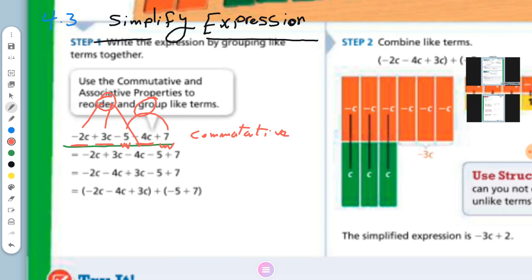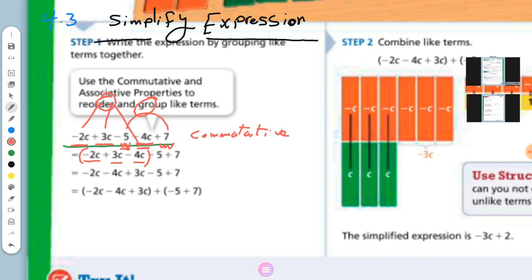So I collect c's together. How? I exchange negative 5 with negative 4c, so I collect c's together. Okay? So I have c's: negative 2c, plus 3c, minus 4c together. So I collect like terms. Then I have negative 5 plus 7 together.